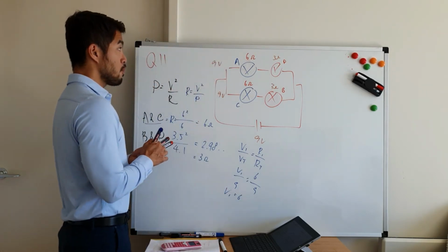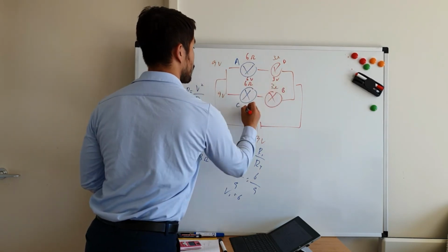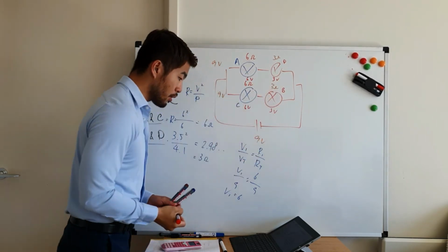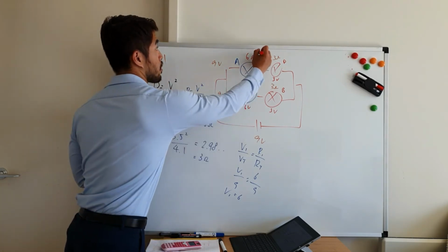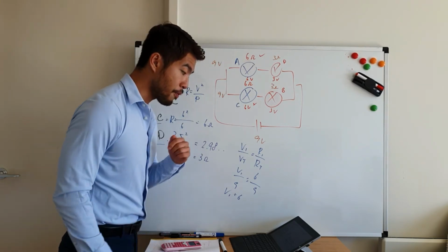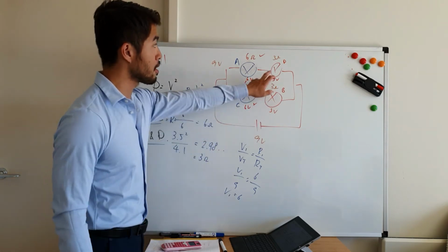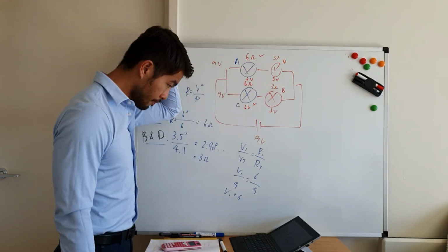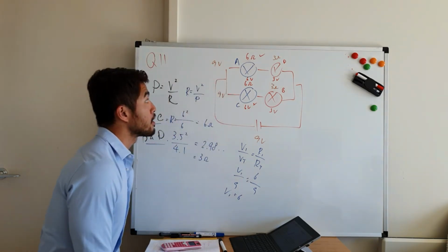So this will get 6 volts, this is going to get 3 volts, 6 volts, 3 volts. A and C is okay because it will meet its operating voltage. B and D, the operating voltage is 3.5, it only gets 3, so they are going to be dimmer, and these are going to be brighter.